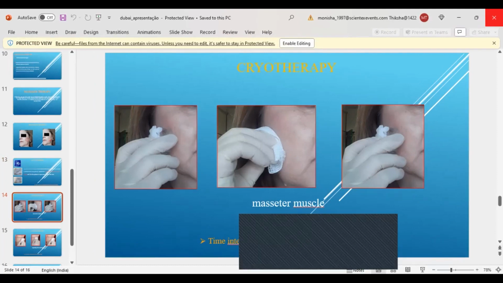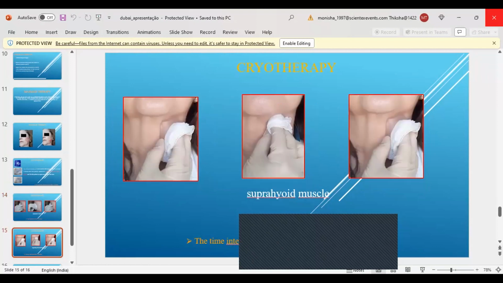The cryotherapy in masseter muscles. Time of intervention was 50 minutes. Cryotherapy in suprahyoid muscles, with time of intervention also 50 minutes.